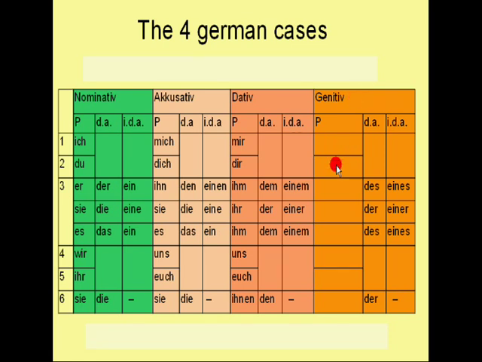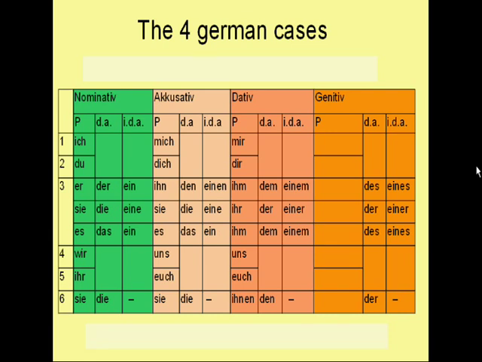So why didn't I write the possessive pronouns in this column? It is because the possessive pronouns cannot only replace nouns in the genitive case that stand for possession and relationships, but possessive pronouns can also replace nouns that are in the dative case, in the accusative case, and in the nominative case. Therefore, I created an extra video for the possessive pronouns.